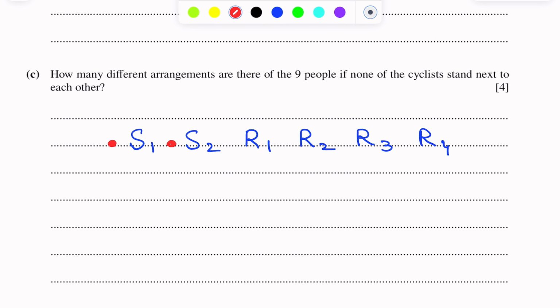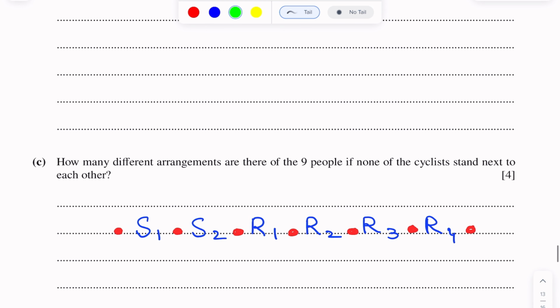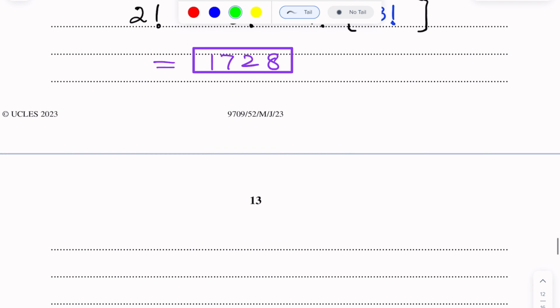These red dotted places show the places for the cyclists. So there are 1, 2, 3, 4, 5, 6, and 7. There are 7 places for cyclists. These can be the places of cyclists.